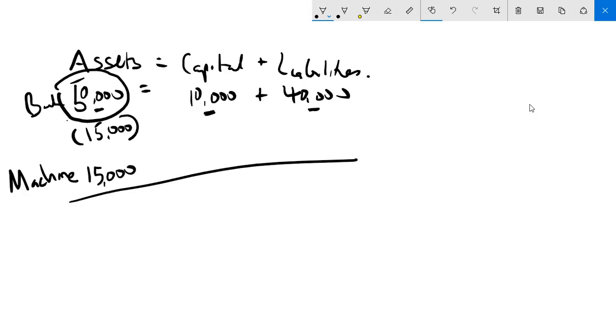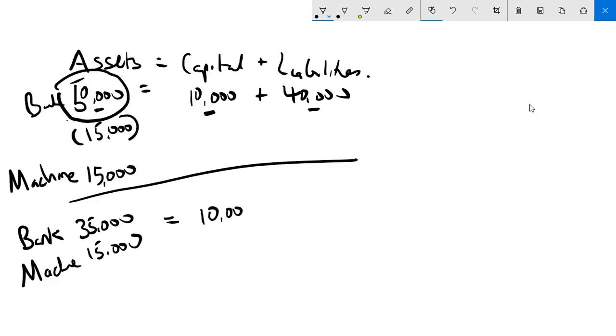So our new accounting equation looks like this. We have bank, 35,000, machine, 15,000, and all of this is still equal to this idea of, sorry, that's 40,000.